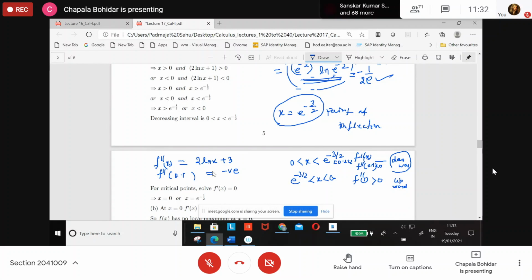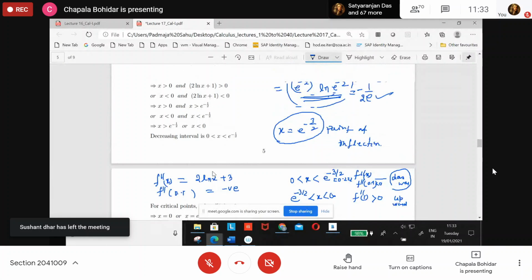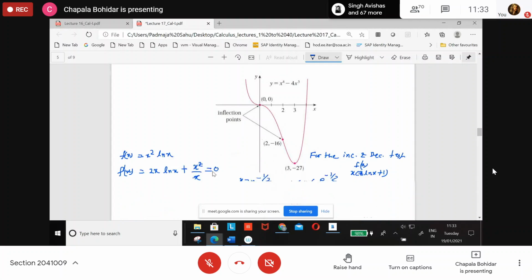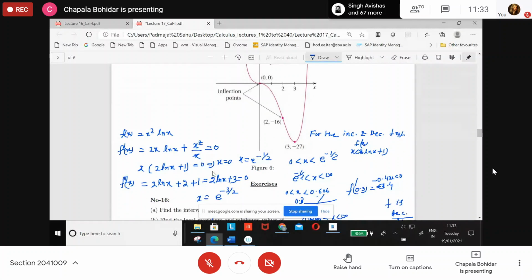Yes, local maximum. I got it by using where it is increasing, then decreasing at that point. Local maximum is not there, only local minimum. There is no local maximum here. Only local minimum is here.